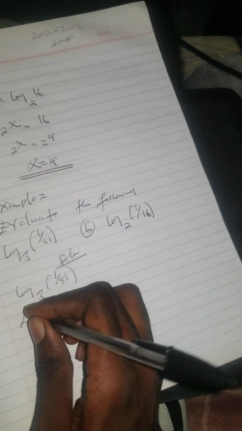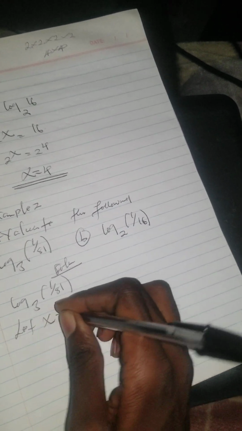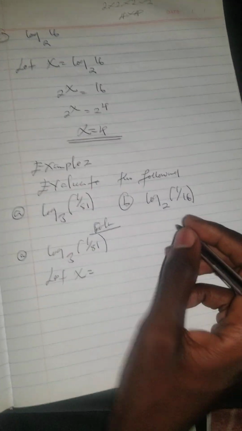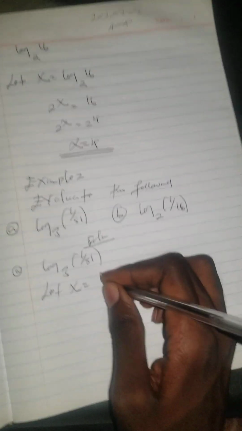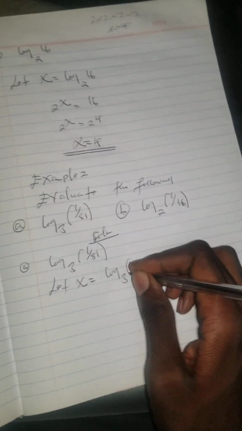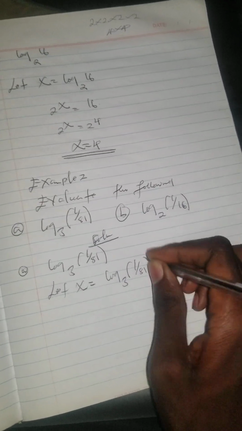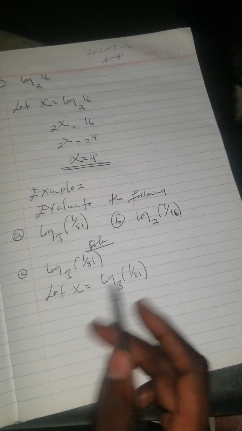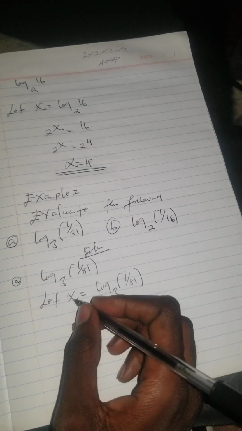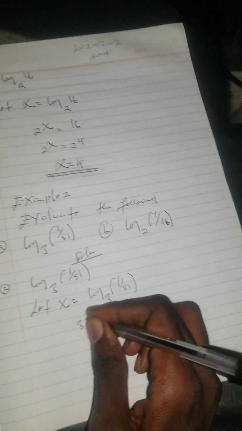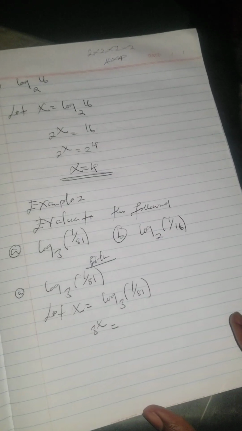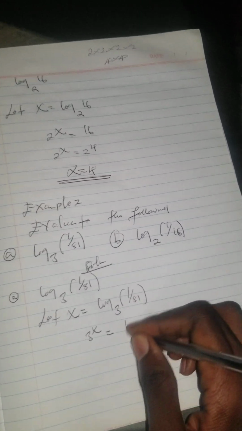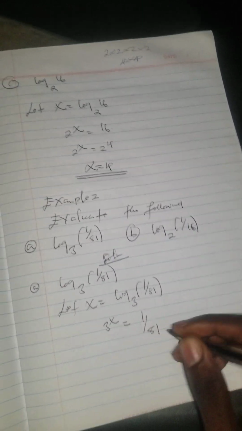You say let x be equal to log base 3 of 1 over 81. Again, I'm repeating this: the base is the one which carries x as the power. So it will be 3 to the power x is equal to 1 over 81.